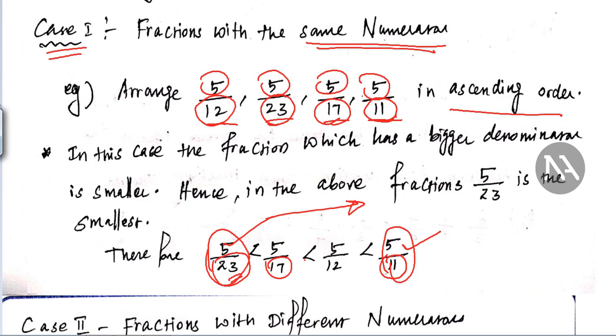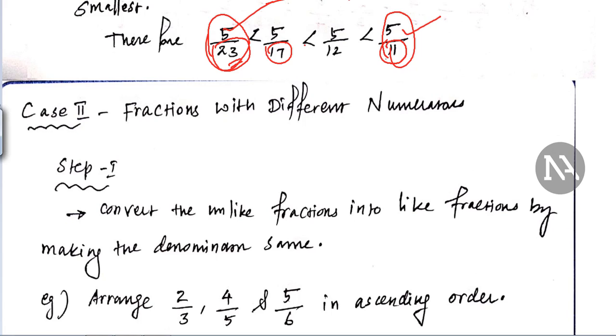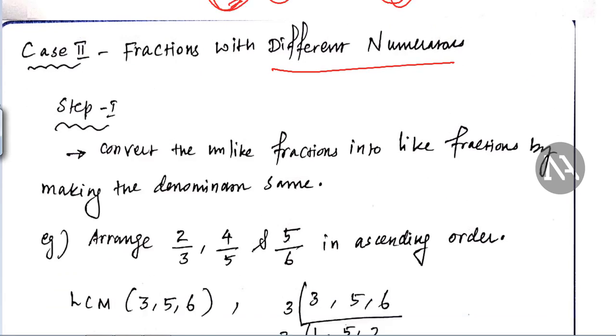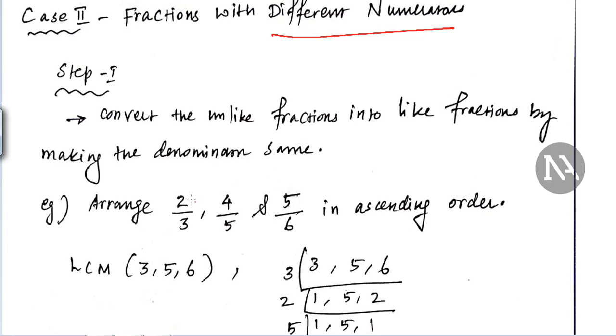Next, the final case is fractions with different numerators and different denominators. This is the usual case. If the fractions have different numerators and different denominators, first you have to find the LCM.